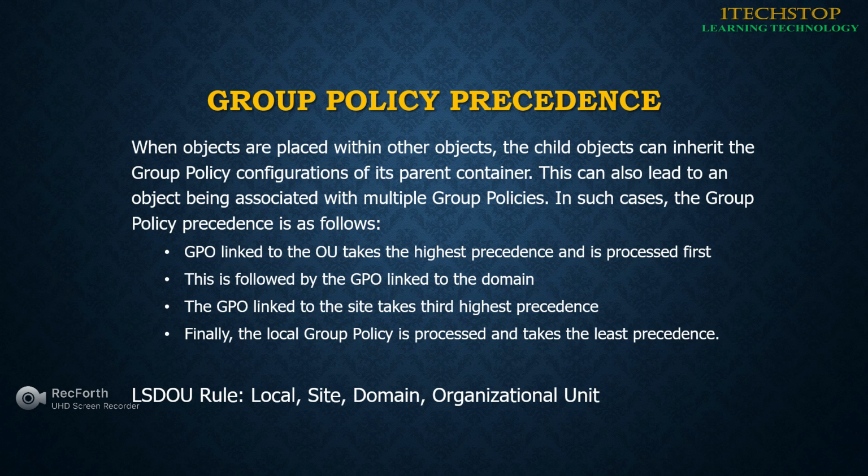But when it comes to precedence, the group policy applied on the organization unit takes effect first, then the domain, then the site, then local. So in case of a group policy conflict, for example if you have the same group policy with different settings at the domain level and the organization unit level, the last applied policy on the organizational unit level will take the precedence and be applied. So this is group policy precedence and how the group policies are applied.